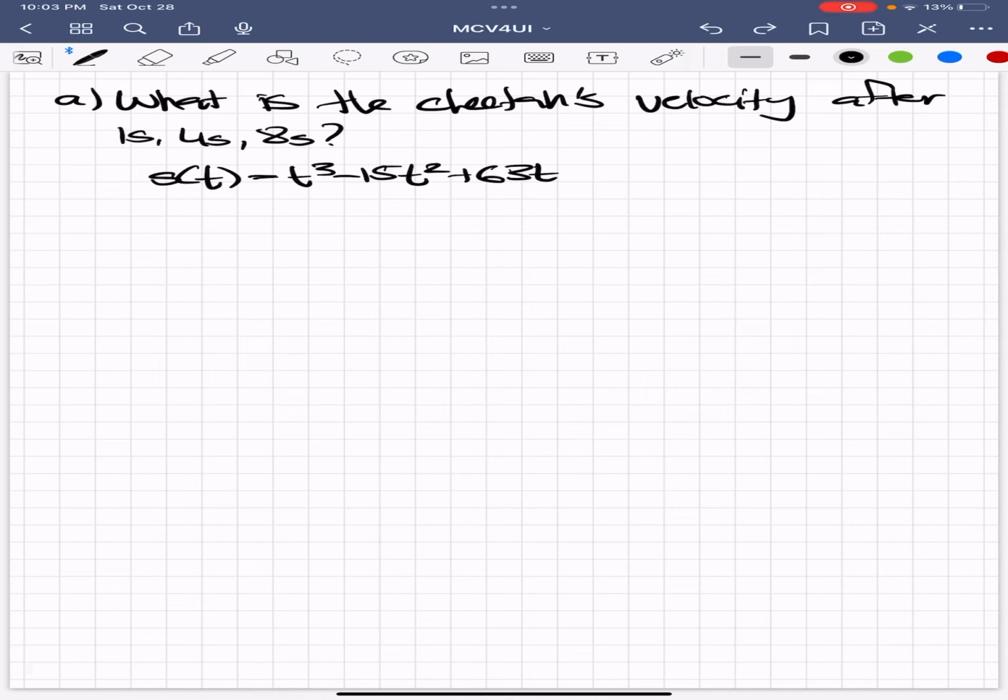So, what is the cheetah's velocity after 1 second, 4 seconds, and 8 seconds? So, we're going to find the velocity using the power rule.